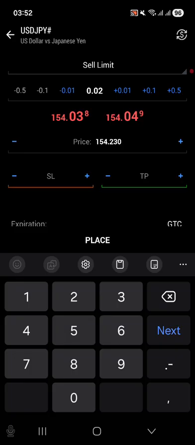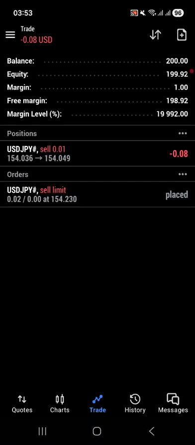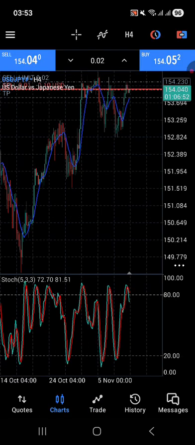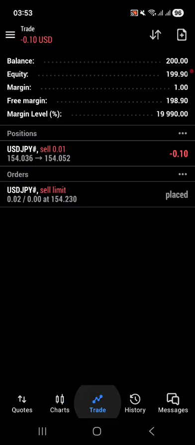So we're opening the trade at 154.23, and for profit it has to go down, since this is a sell order and we make money going down. 154.03 will be a 20-point profit. So that's my hedge level 1, if it goes against my original order. You can see that placed right there.